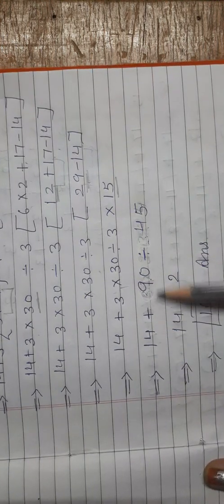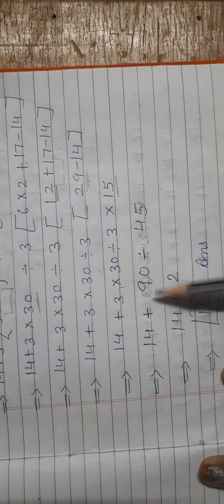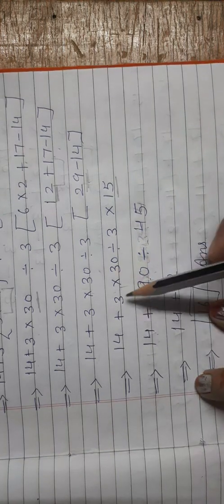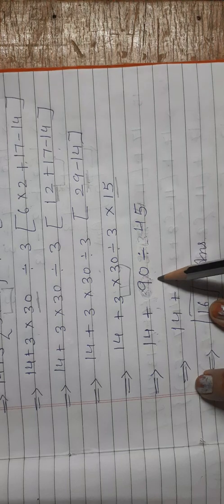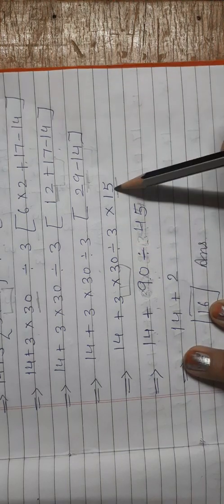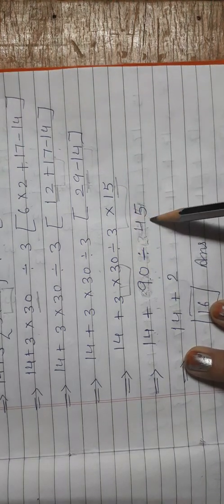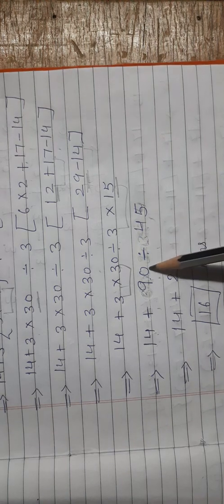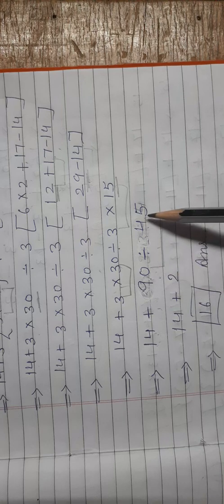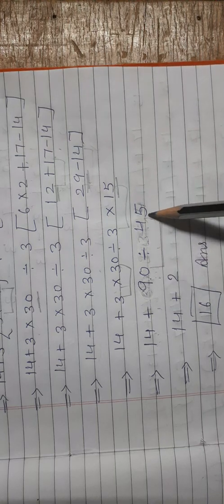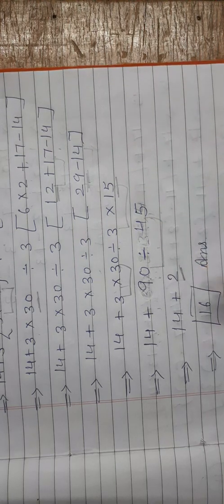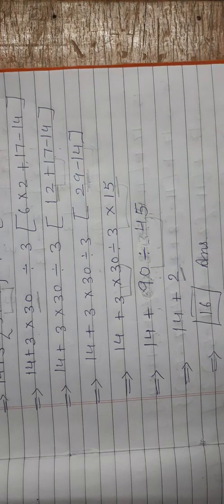Now in next step 14 plus 3 into 30 is equal to 90 divided by 15 into 3 is equal to 45. In next step we have to divide. When 90 is divided by 45 we will get 2. Now 14 plus 2 is equal to 16.